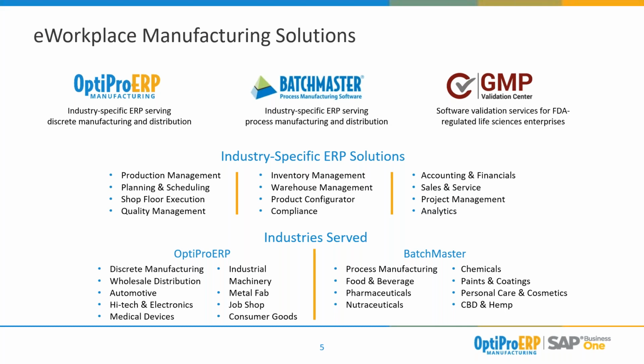So our customers get the industry-specific functionality and market-leading technology through our IP solutions and partnership with SAP Business One. And we will talk more about the functionality and the underlying platform and technology in a bit. But really, this is our premise and the basis of our 20-plus year existence as a company.